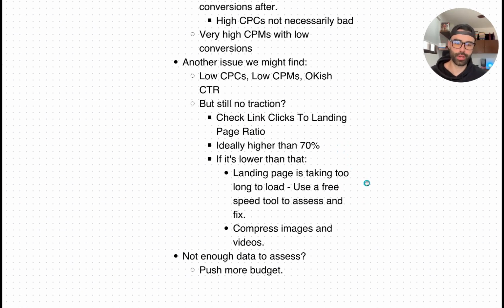So you can use a free speed tool to assess if your page is very slow and just fix that, right? Compress images, compress videos, to make sure that when they click the link, it loads quick and the actual user experience is good, right?